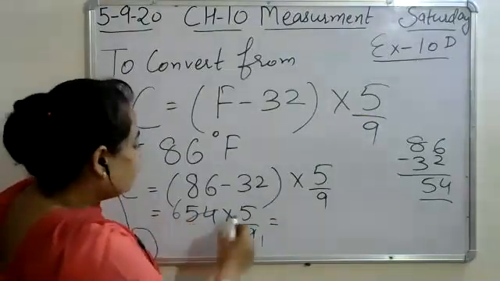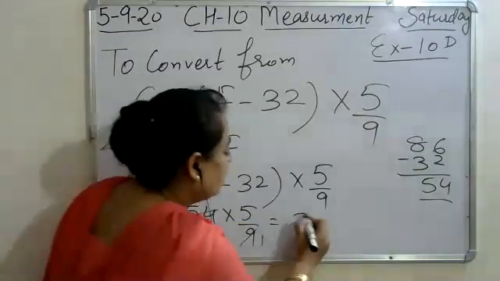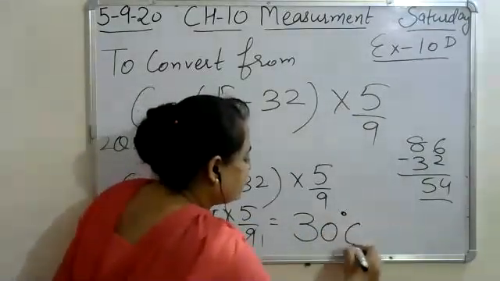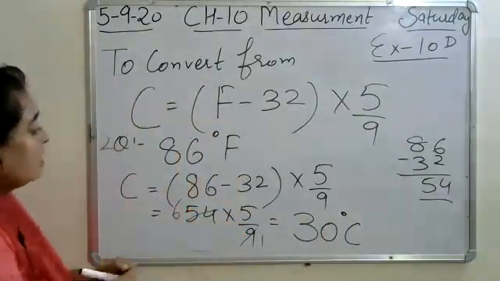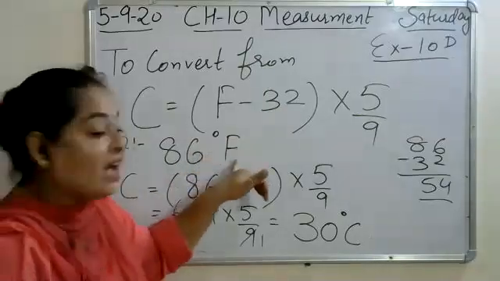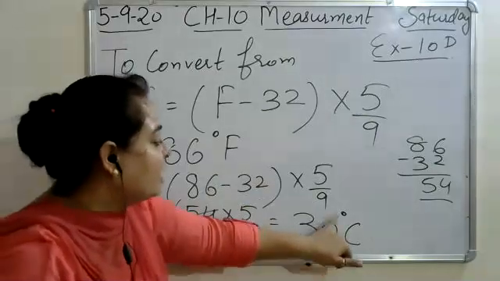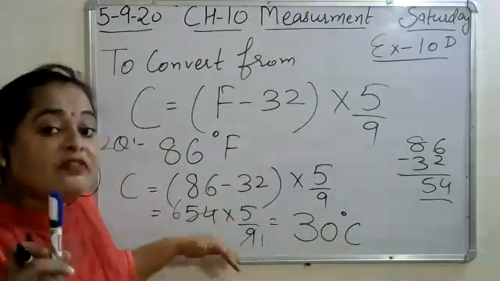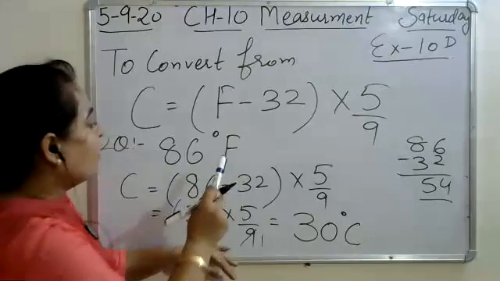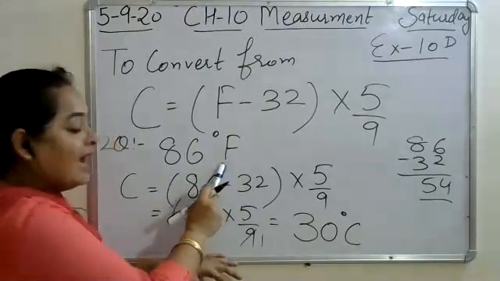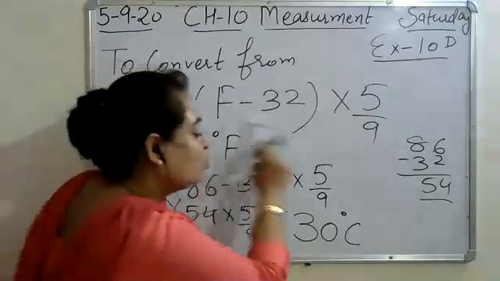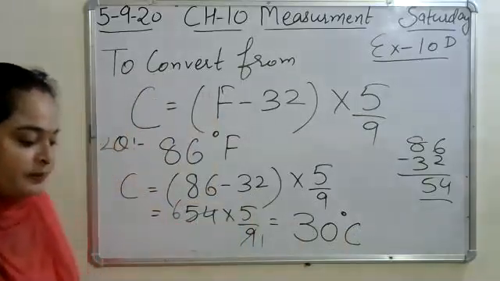So 6 multiplied by 5 will give you 30°C. It means 86°F is the same as 30°C. So this is the way to solve the sum if Fahrenheit is given to you and the question is to change this to Celsius. Note down.